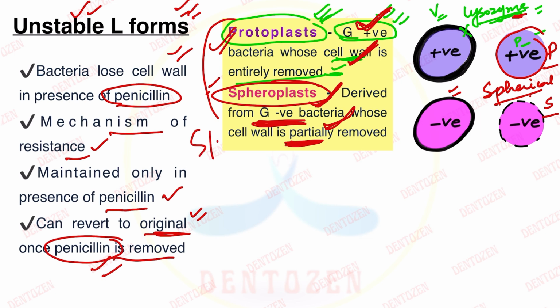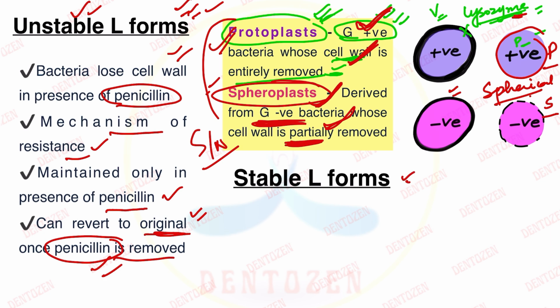So we have discussed unstable L forms. Now what are stable L forms? When bacteria have become cell wall deficient, when they have acquired L form and they remain like that, they do not go back to their original, they become stable in that shape, that is called stable L form. So stable L form is a permanent feature of that strain.